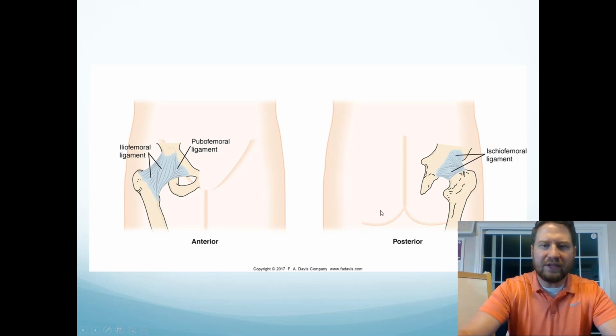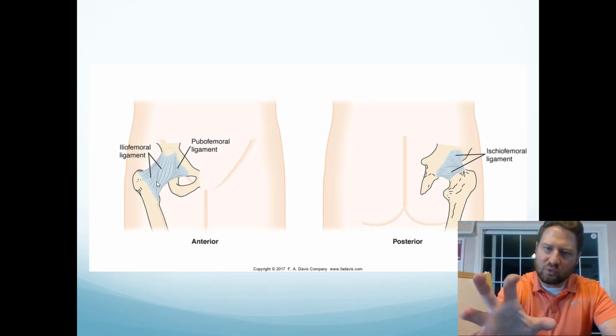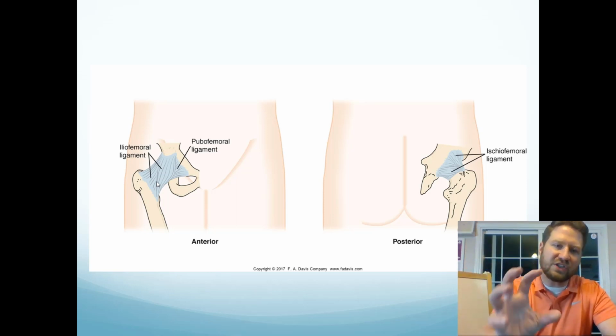So imagine that we take this hip bone and we move it into your screen in an extension type of fashion. What's going to happen to all those ligaments? Are they going to get tighter or are they going to get looser? The answer is they are going to get tighter, because of that spiral type of fashion to them.